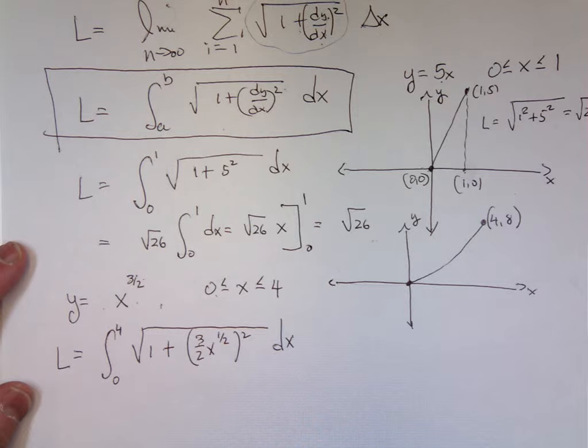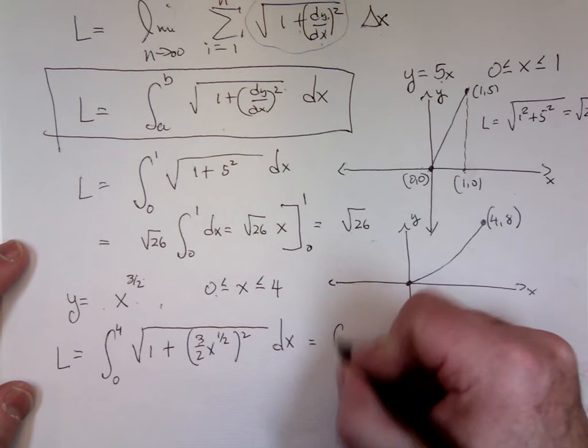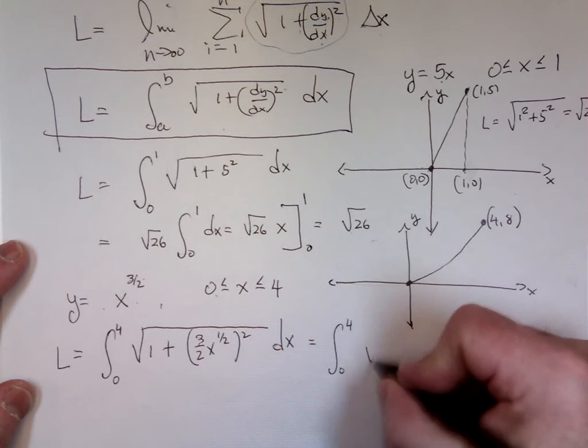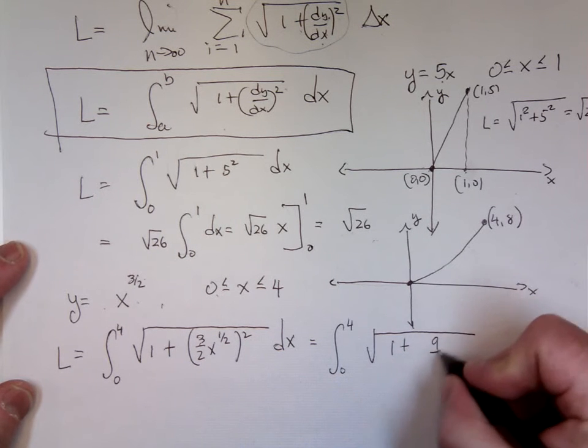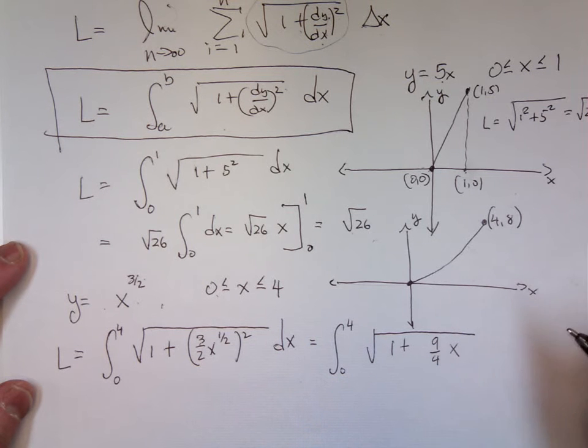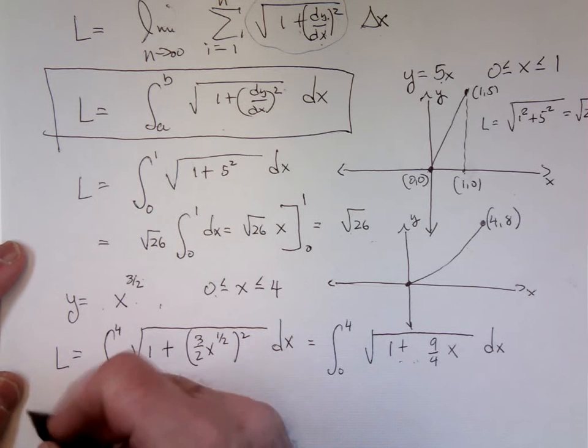So that's equal to the integral from 0 to 4, square root of 1 plus 9/4 x dx. Well, that's not too bad. How do we integrate this thing? What form is it? U to the n form. It's exactly what it is. Let u equal 1 plus 9/4 x.